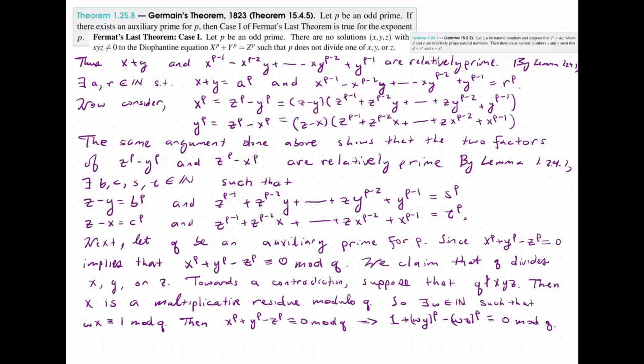So we got this here. But if we bring it over, we get back 1 plus wy to the p is congruent to wz to the p mod q. But what do we have now? We have consecutive p power residues.